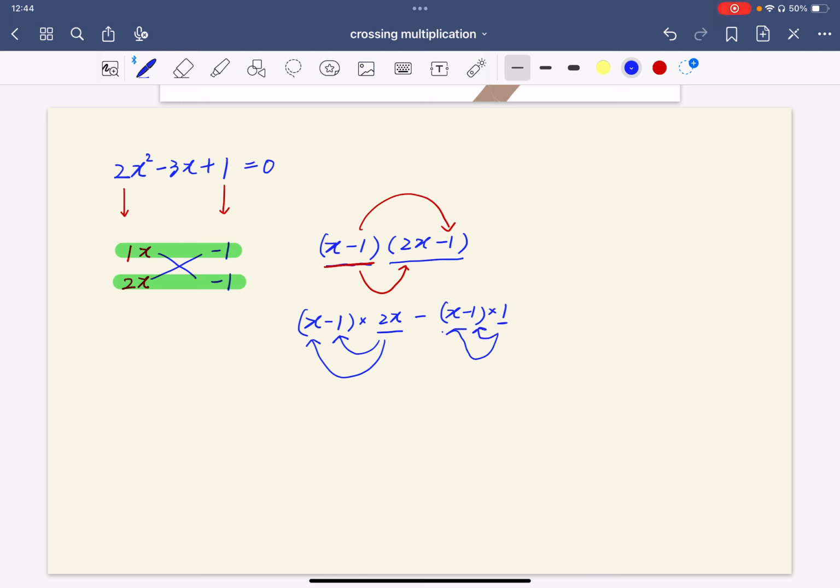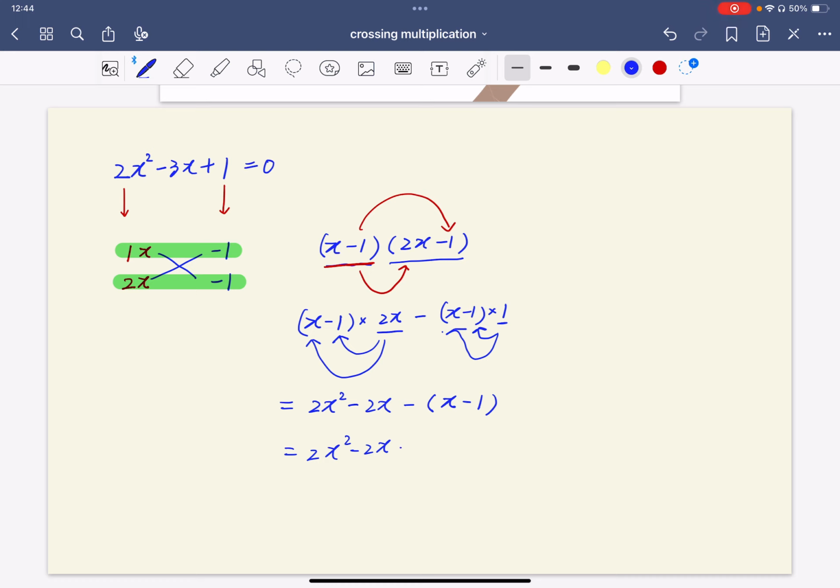So we get the following: 2x squared minus 2x minus x times 1, we get x. 1 times 1, we get 1, minus 1. Then, if we want to delete the brackets, do not forget, before the brackets we have a negative sign, so we need to change the signs for all the terms inside the brackets.